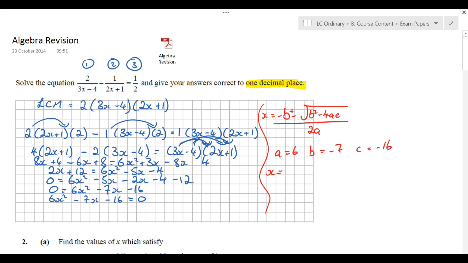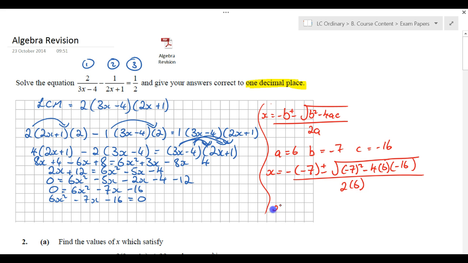X equals minus b, minus negative 7, plus or minus the square root of b squared, negative 7 squared, minus 4 times a, which is 6, times c, which is negative 16, all over 2 times a, 2 by 6.